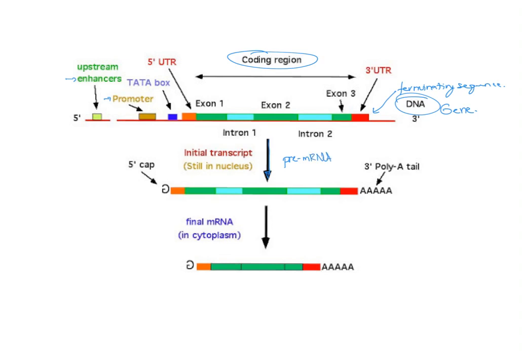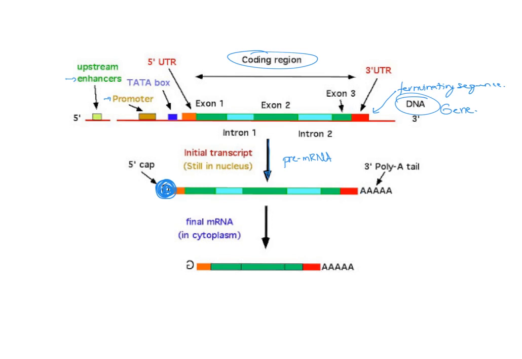And what happens when that initial transcript is made are the first two RNA processing steps. The first thing is there is a cap that's added to the 5' end, and the second is a whole bunch of A's are added to the 3' end. Although only a few are included in this diagram, usually it's in the order of 50 to, in some cases, over 100 A's, adenines, are added at the end of the transcript.